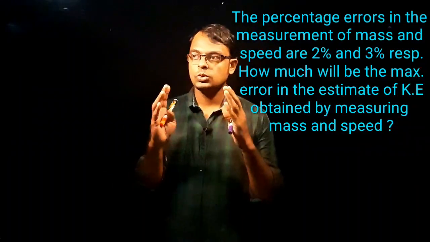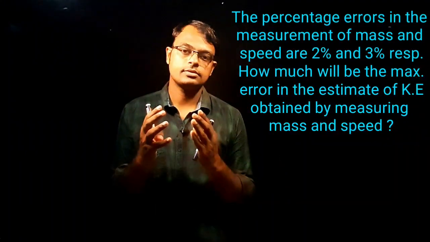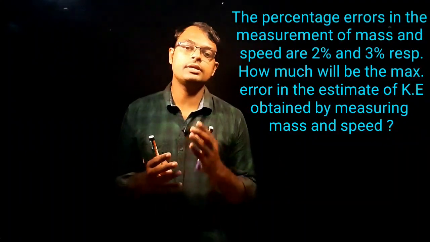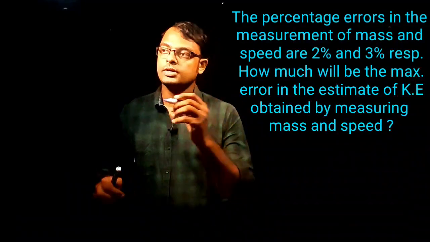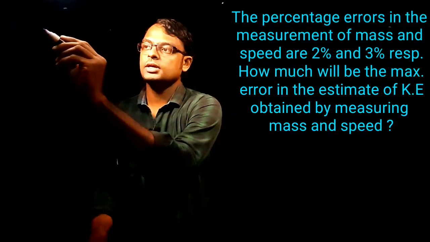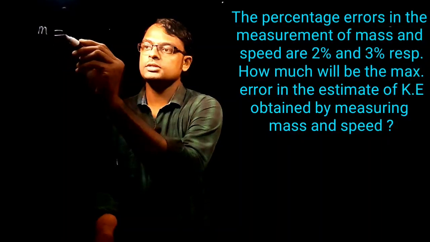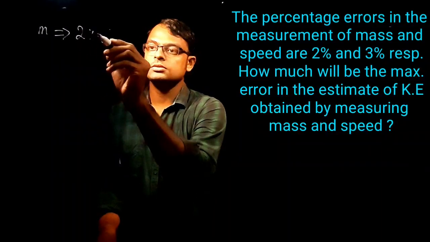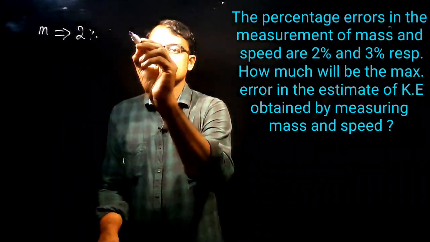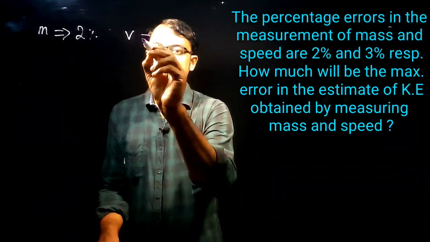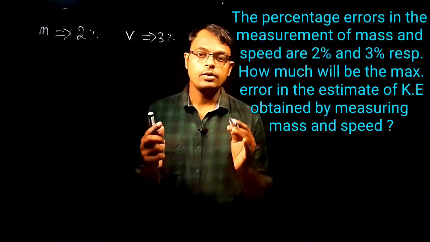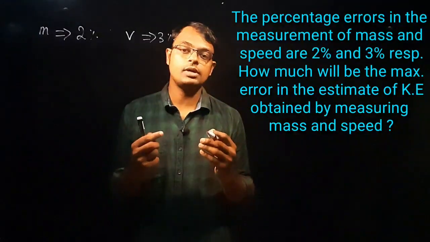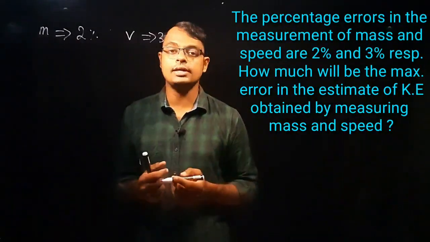Okay, so percentage error in mass and speed are given. That is, percentage error in mass is 2%. So you can write here percentage error in mass is 2%. Percentage error in speed is 3%. We have to calculate maximum possible error in the measurement of kinetic energy.